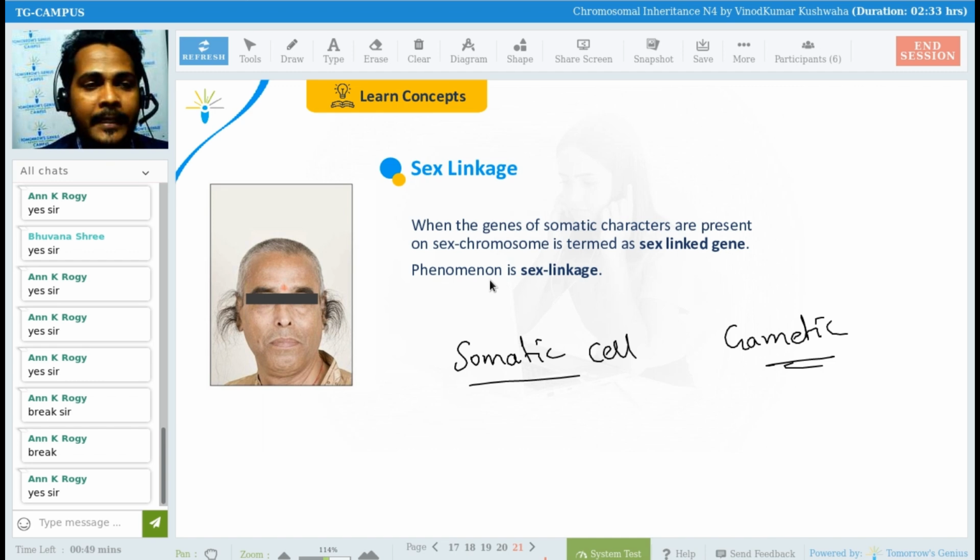Anyone know? The cells that are not related with reproduction, not germ cells, everything other than that is somatic. Yes.